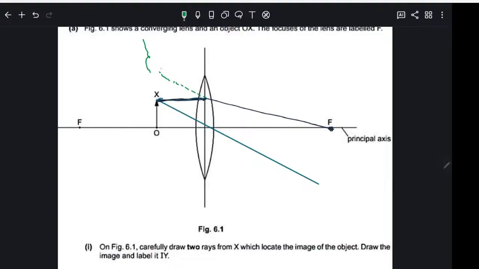So what you do, just trace it back. I don't have a ruler, so it's losing the art. You trace it back where they meet. Can you help me? Something like this. Am I straight right now? This is something straight, right? And this is where you now say your image is. Can you see it?